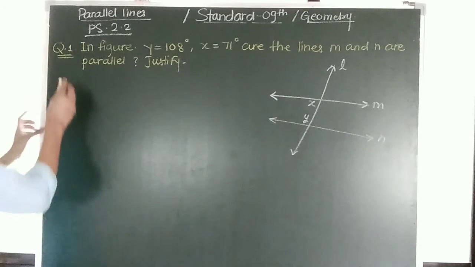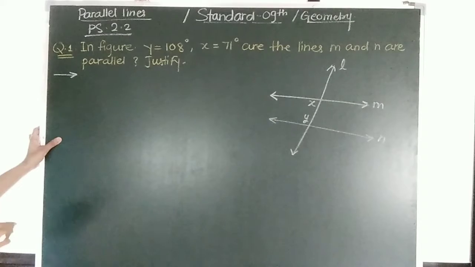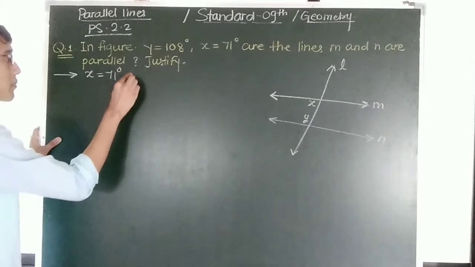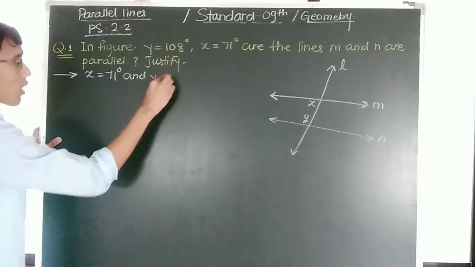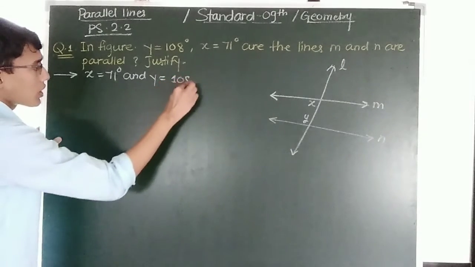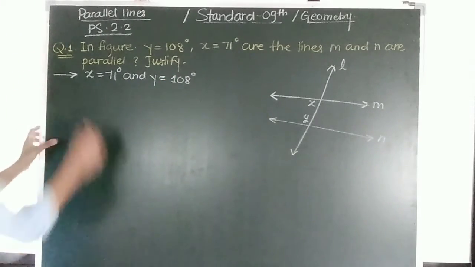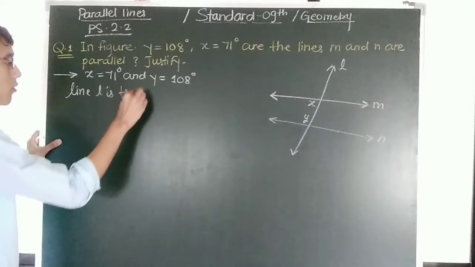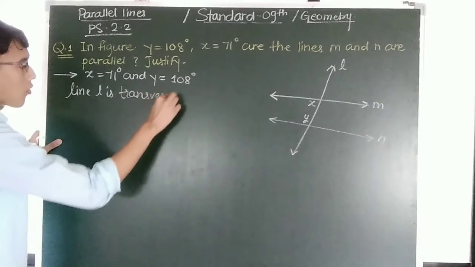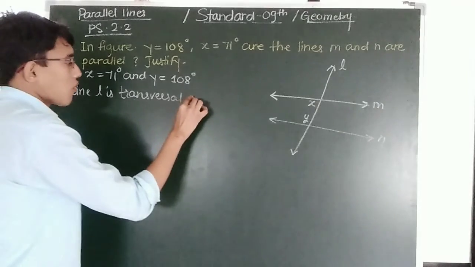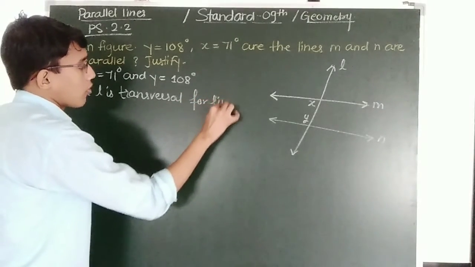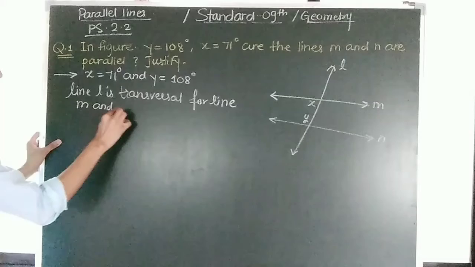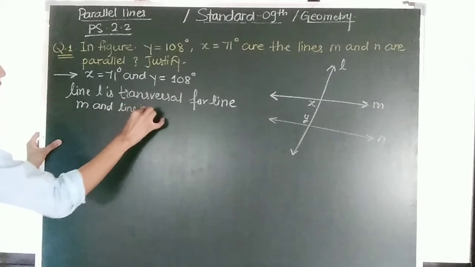Okay. So how we can find this? First of all, we can write down the given data. So x is equal to 71 degrees, which is given, and y is equal to 108 degrees. Okay. Now, as we all know, line L is a transversal for line M and line N. Okay.